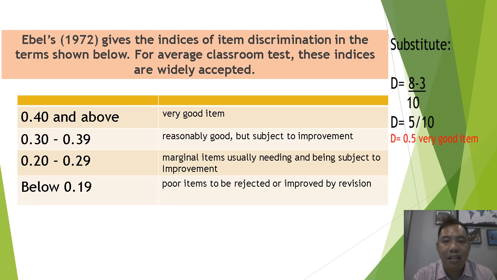This scale is for average classroom tests, and these indices are widely accepted according to Peebles in 1972. These item discrimination indices are widely used in a classroom setup.